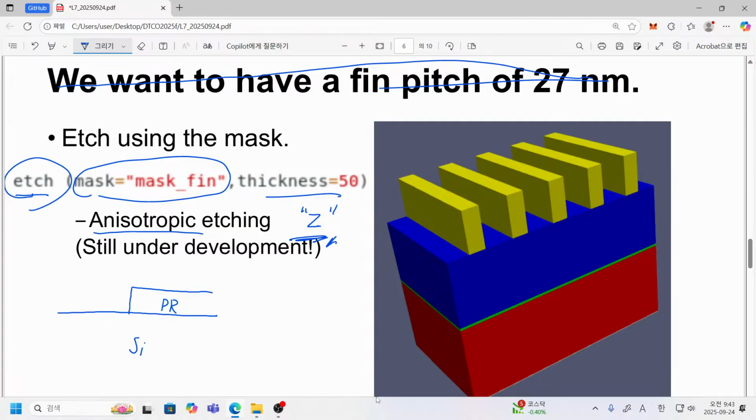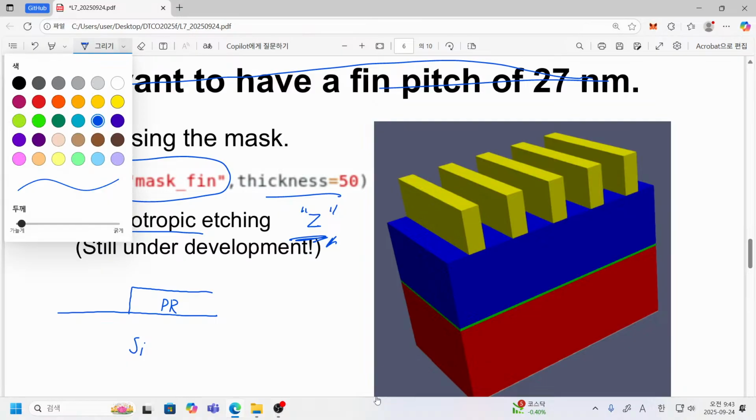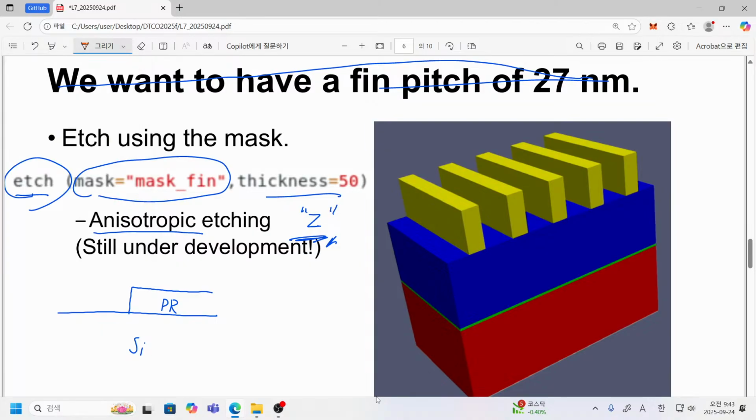If we adopt anisotropic etching, then our silicon layer will show this kind of evolution in its boundary, because this part is protected by our photoresist and we have a strong anisotropy, only preferring the G directional evolution. That is anisotropic etching.